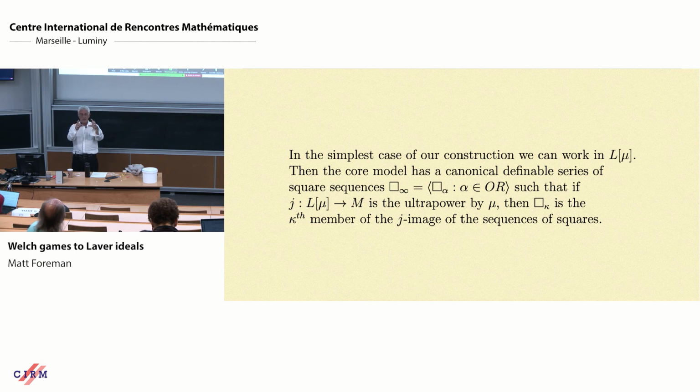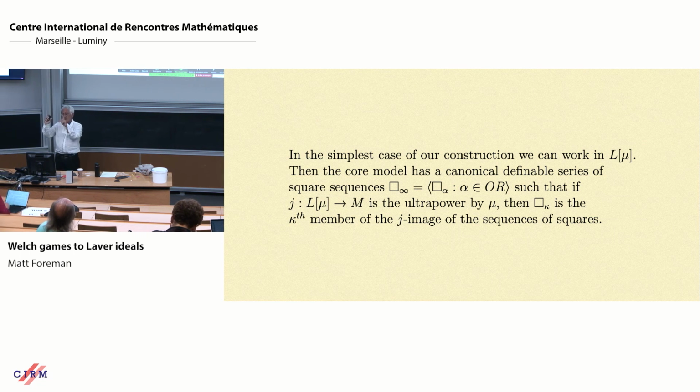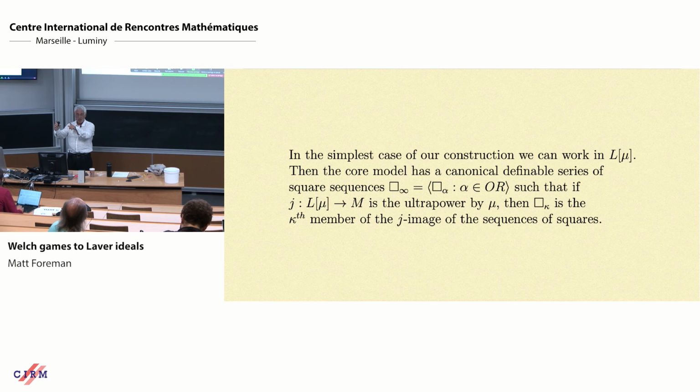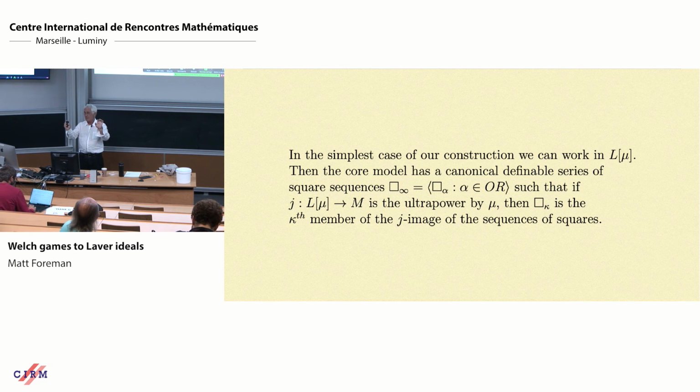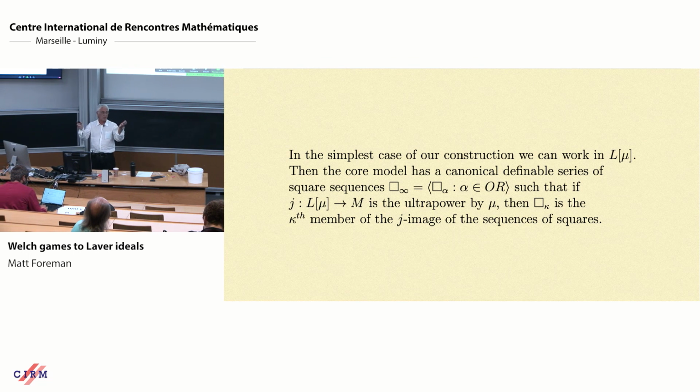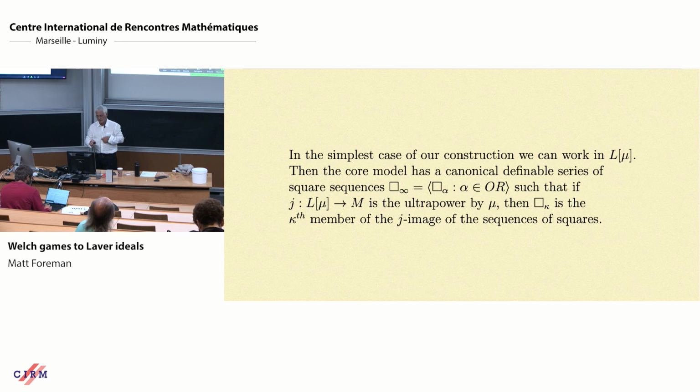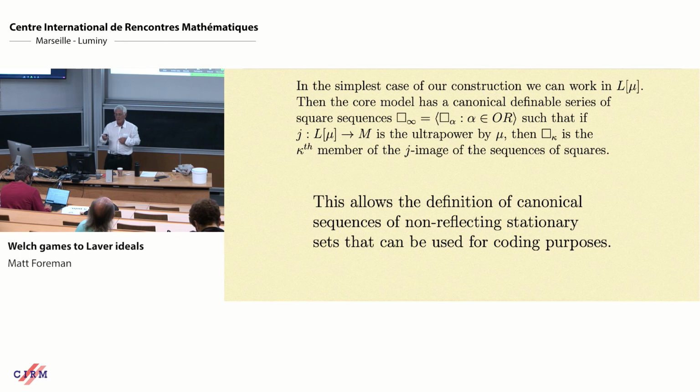You look at the square sequence at kappa, and these are uniformly defined so that if you take j of the sequence and look at the square sequence at kappa in M, these are the same square sequence. This is the core model square sequence. So this allows the definition of canonical sequences of non-reflecting stationary sets that you can use for coding purposes.